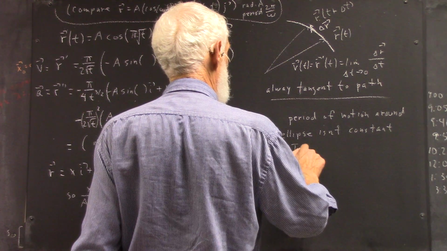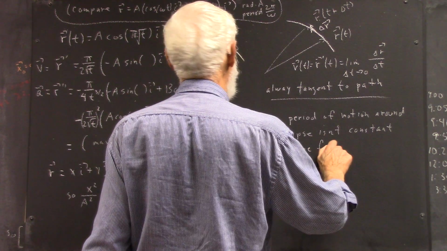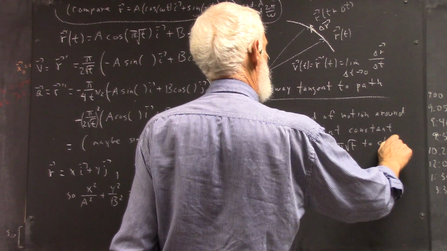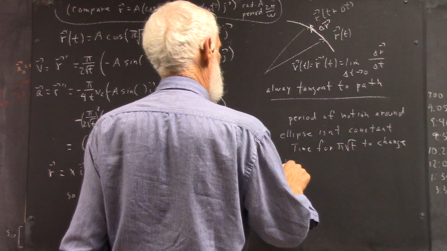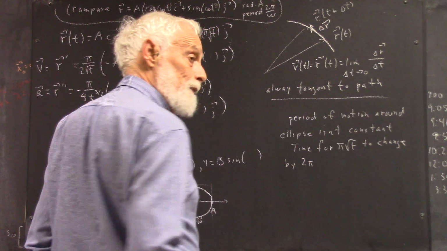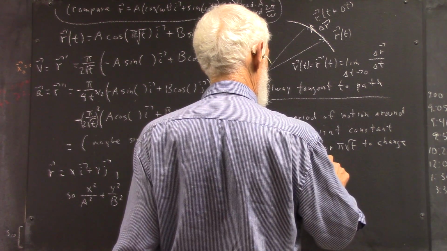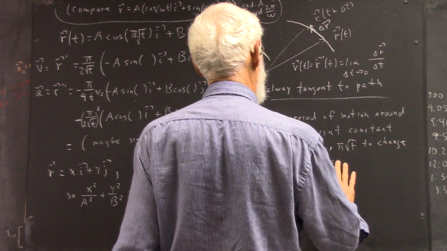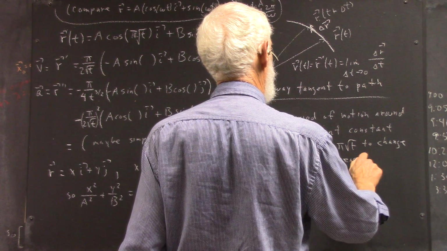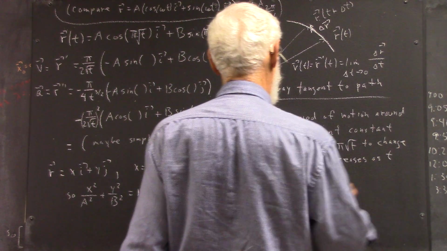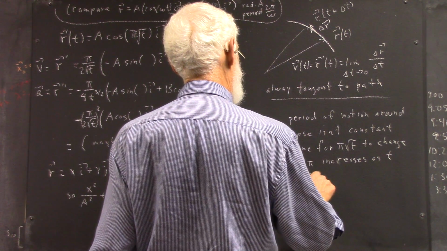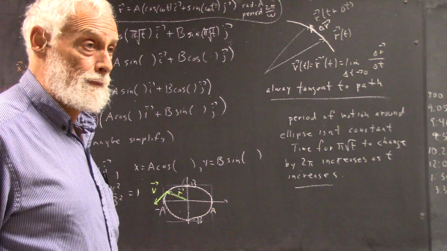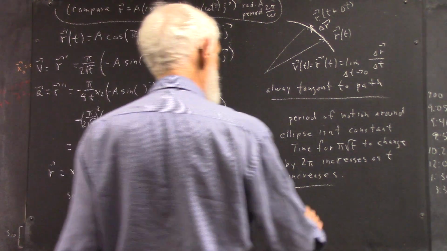I'm just going to say right now, the time for this to change by 2 pi, that's supposed to be an r, increases as t increases. Okay? And that's very clear.